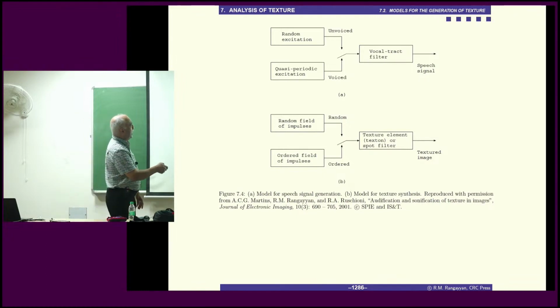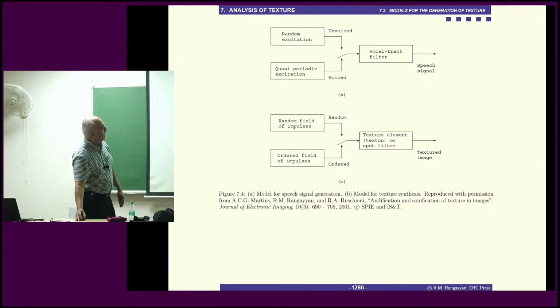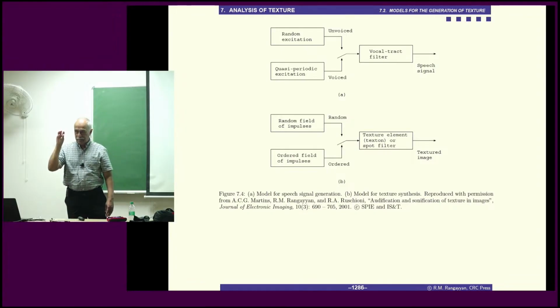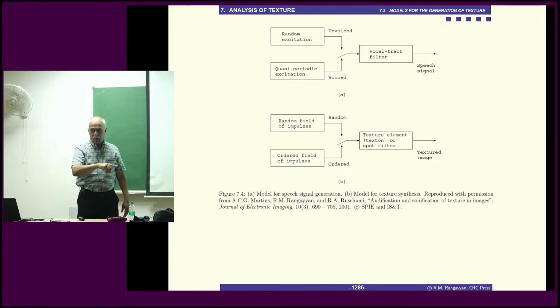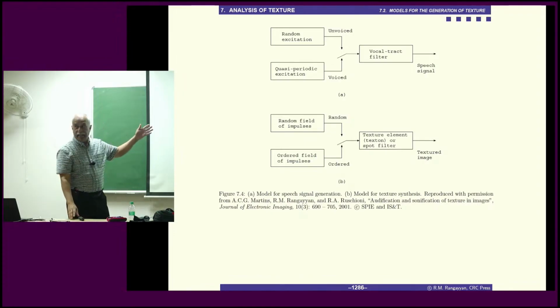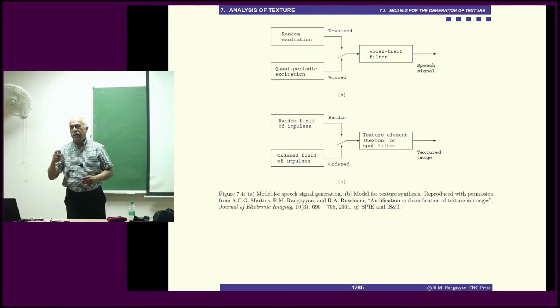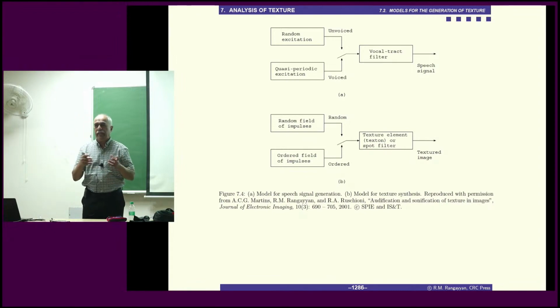And select between the two, and there is a filter, which is a texture element or texton or spot filter, a point spread function. Same model, and you get a textured image with either random or ordered patterns. And the texton could be isotropic, it could be a flower, it could be a line, it could be an oriented pattern, it could be anything.